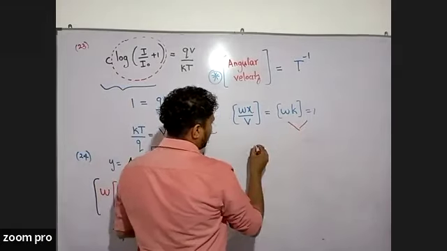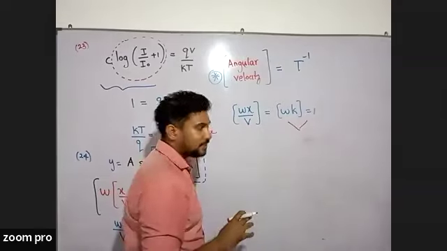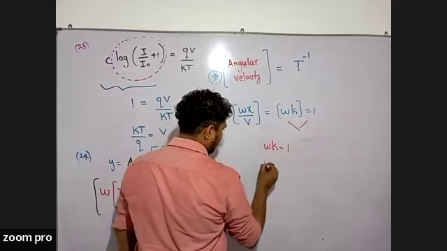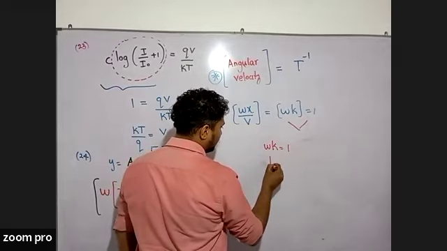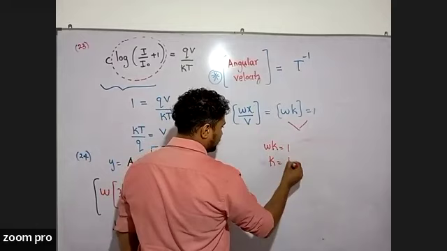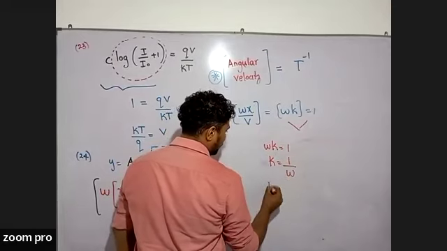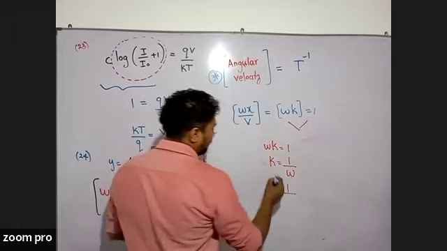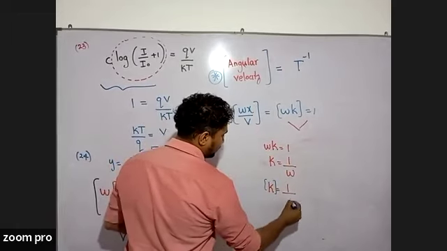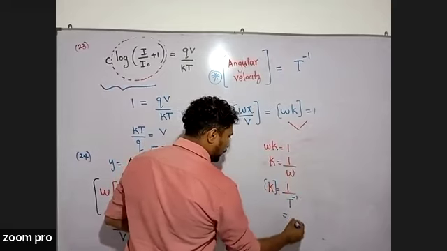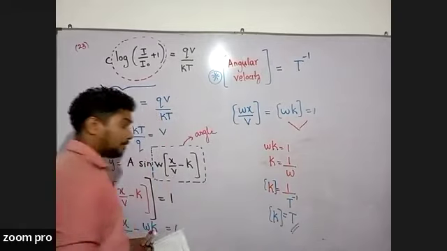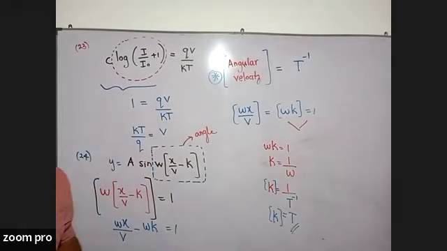W represents the angular velocity, isn't it? So first of all, I will make k the subject. So k equals 1 over w. If I substitute the dimensions, it should be T minus 1. So when it comes to the denominator, the dimensions of k should be equal to T. That's the answer, right?